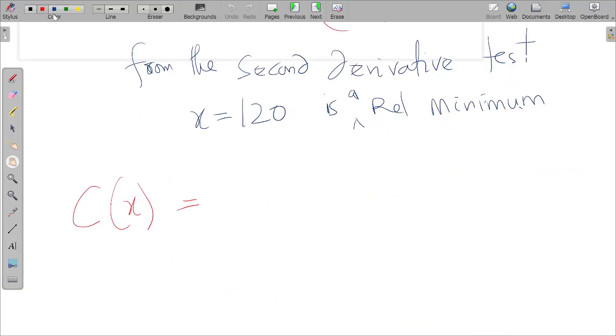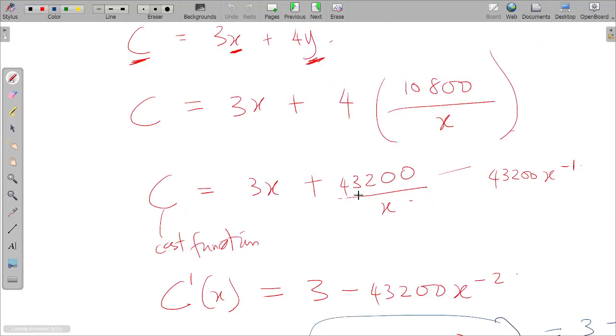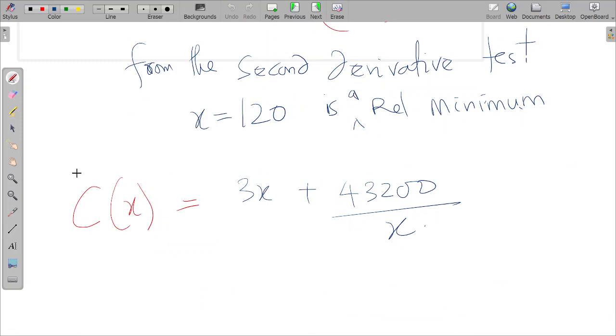So I write the function again: 3x plus 43200 all over x. I hope I'm correct. Let's check back. Yes, that is it, 43200 all over x.